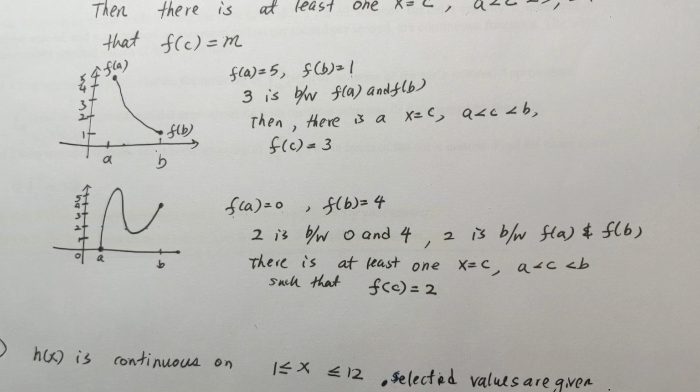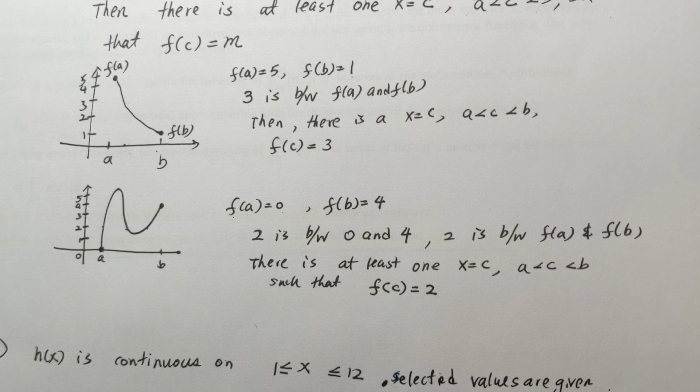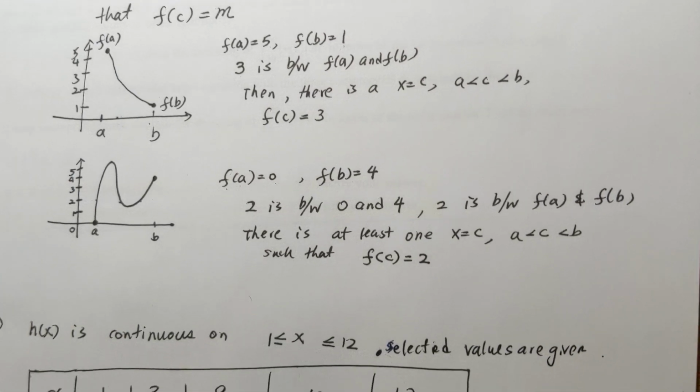Now there will be at least three c's, and you get f of c equals 2. So the main idea for the intermediate value theorem is that you have to find the number in between.